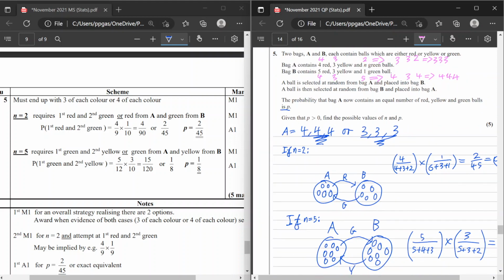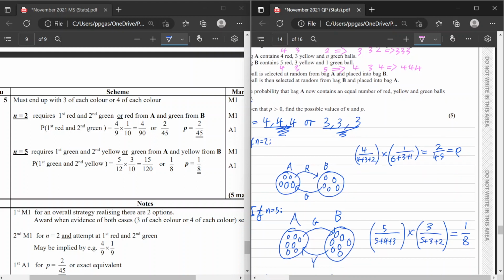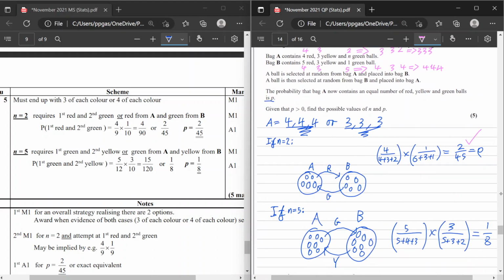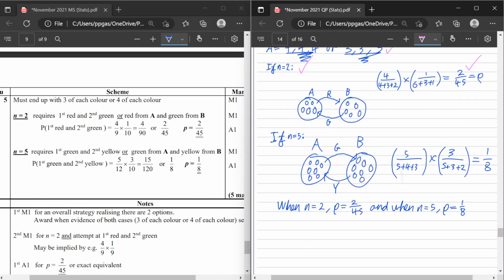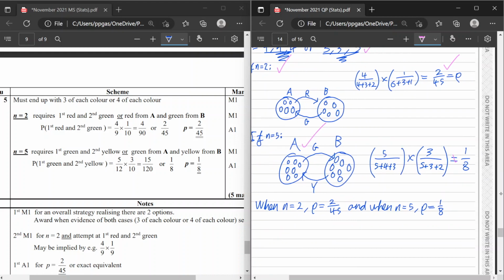So as you can see, when n equals 2, p equals 2 over 45, which is what we got here. So it's 2 marks for that, and then for that statement at the start, it's a mark, and then for the n equals 5 section, it's a mark there, and then a mark for the answer.